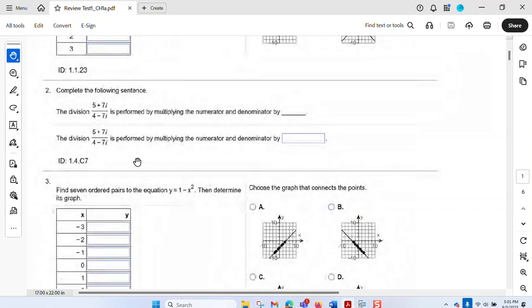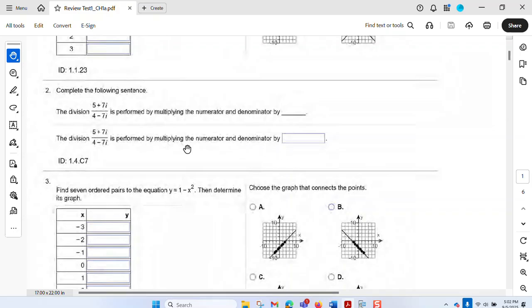That means by the conjugate. So basically, the division is performed by multiplying the numerator and denominator by the conjugate of the denominator.